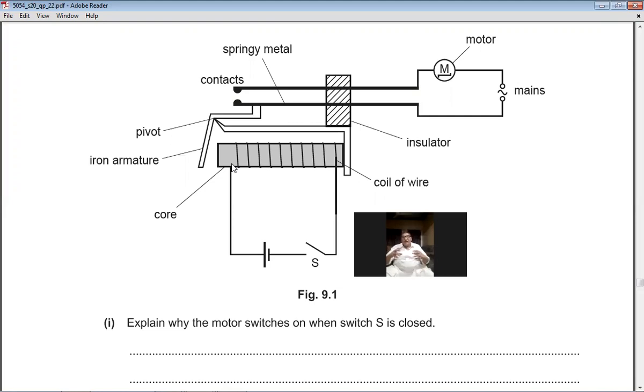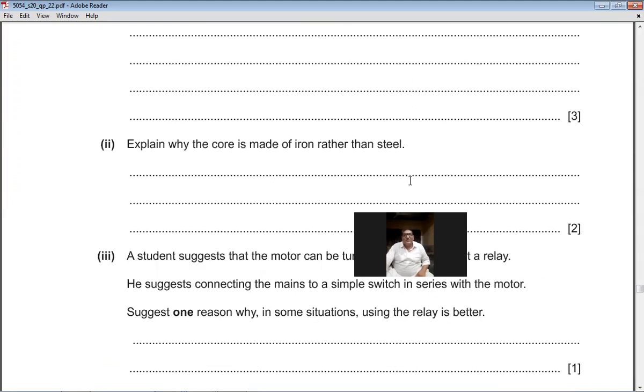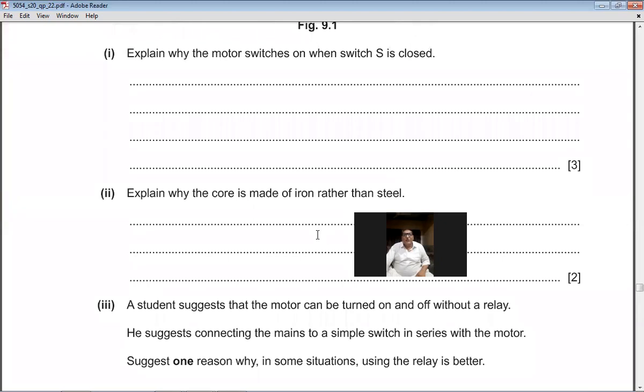The steel retains its magnetic properties for a very long time. So the steel core will remain magnetized, and this iron armature will still be attracted even though you have opened the switch. These contacts will still be in contact and the motor will still be on. So if you are using a steel core, the motor will not switch off. It will remain on.